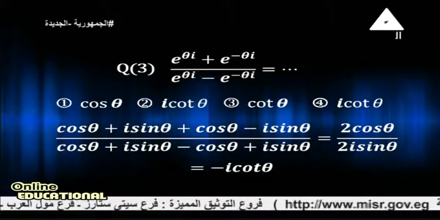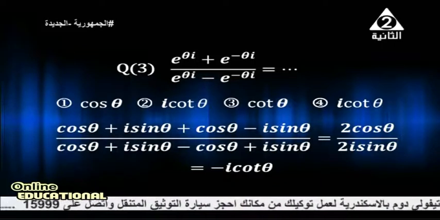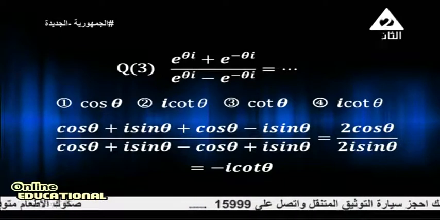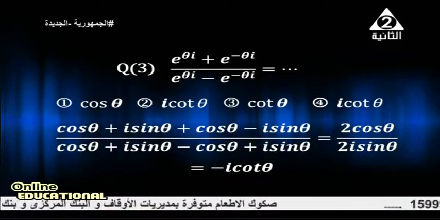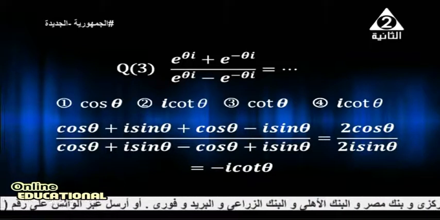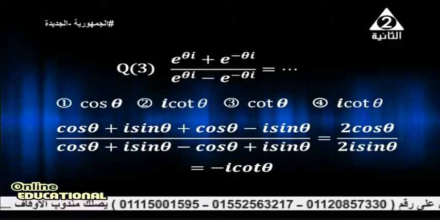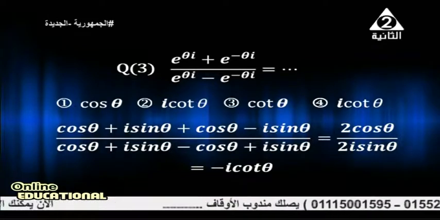We know that the complex number z equals cosine theta plus i sine theta. What is the i? Imaginary number. What is the i? It equals square root of negative 1. i squared equals negative 1. But i power 3 equals negative i, and i power 4 equals 1. Then in this solution, 2 cosine theta over 2i sine theta.